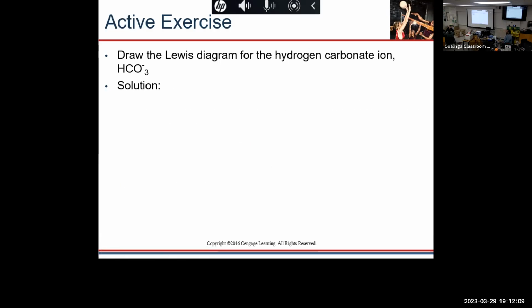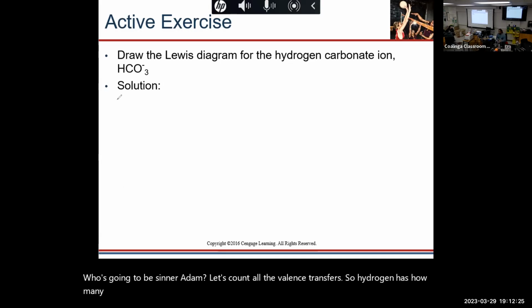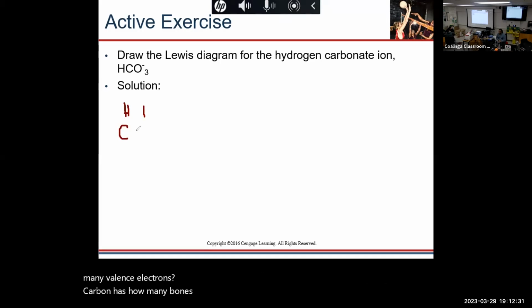Okay, so we have the hydrogen carbonate ion. Who's going to be the center atom? Well, let's count all the valence electrons first. So hydrogen has how many valence electrons? Carbon has how many valence electrons? 4.